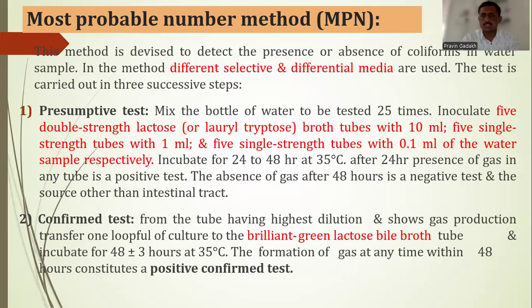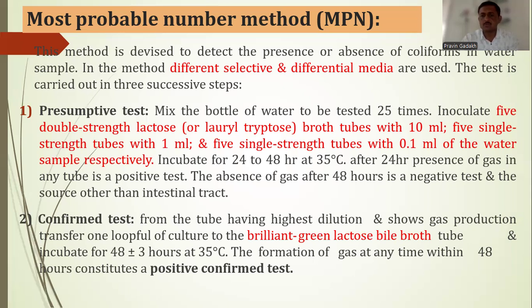After 24 hours or 48 hours, we have to proceed for the confirmatory test. From the tube which shows higher dilution and shows gas formation, including acid formation, we have to transfer one loopful of culture to BGLB broth, and incubate that tube for 48 hours at 35 degrees Celsius.